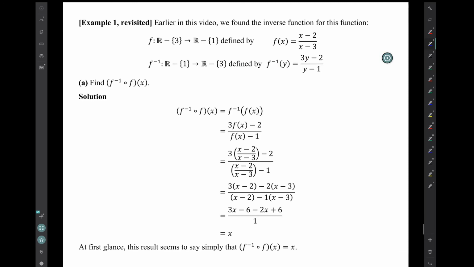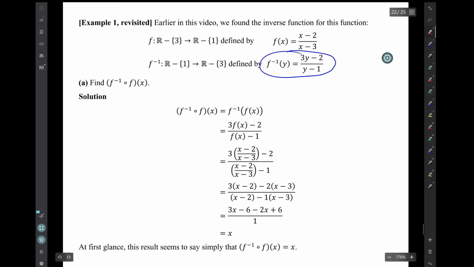Now I want to just simply revisit an example and see how it behaves in light of that theorem. We had this function earlier, this formula with this domain and this range, and we found that that was bijective. The formula for the inverse function was that.